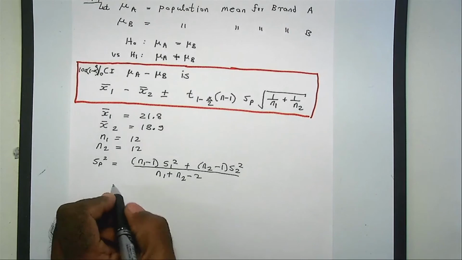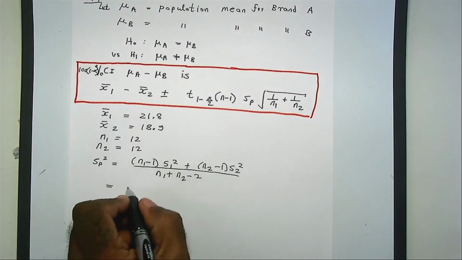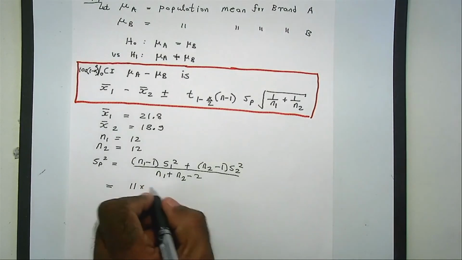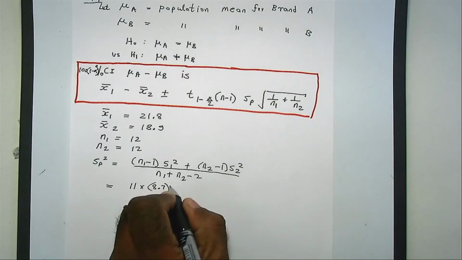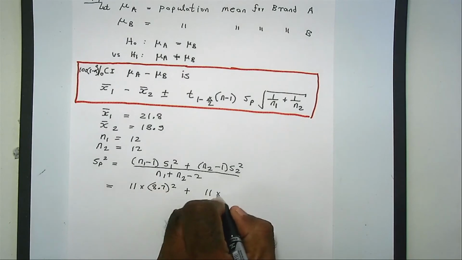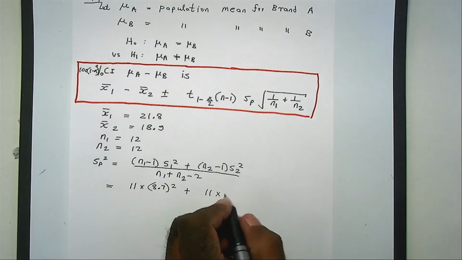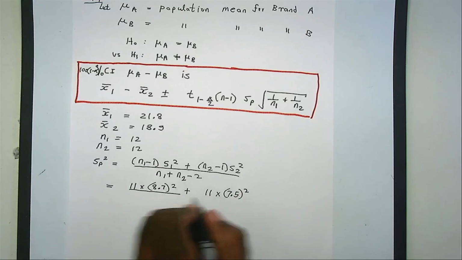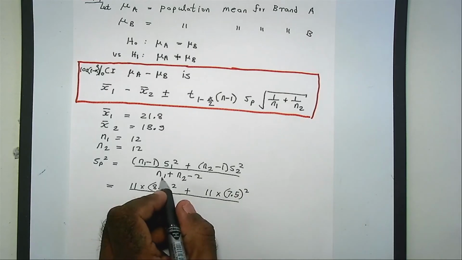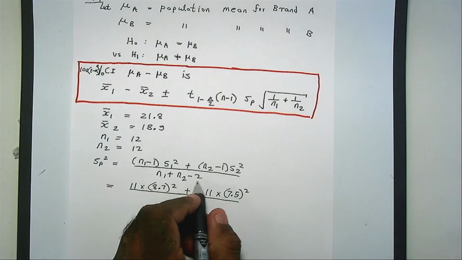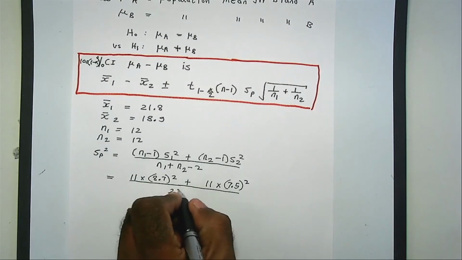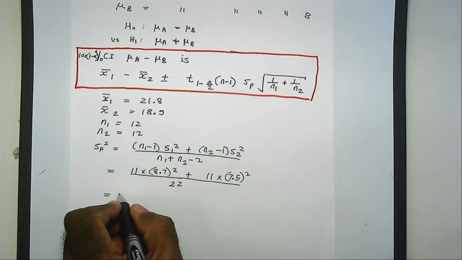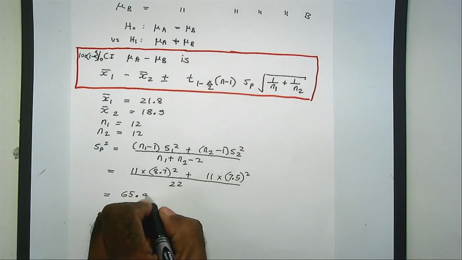So if you sub in the numbers that are given, 12 minus 1 is 11, multiplied by 8.7 squared for the first population, plus 11 multiplied by 7.5 squared for the second population, divided by 12 plus 12 minus 2, which is 22. If you work this out using a calculator, you will get 65.97.